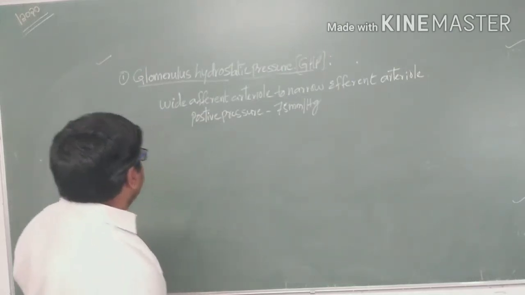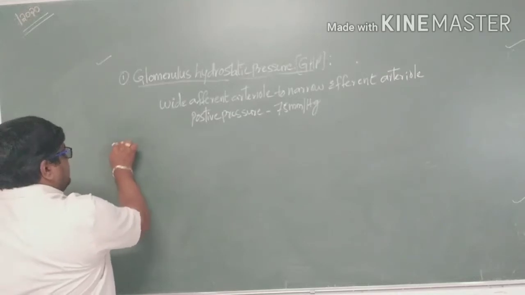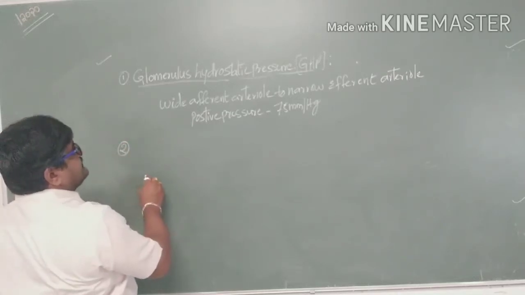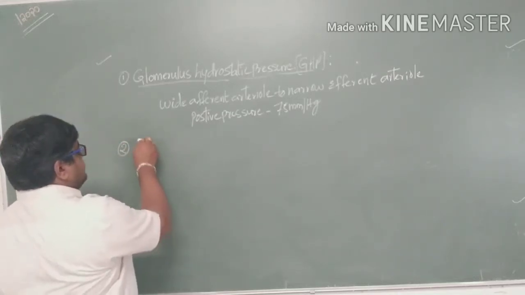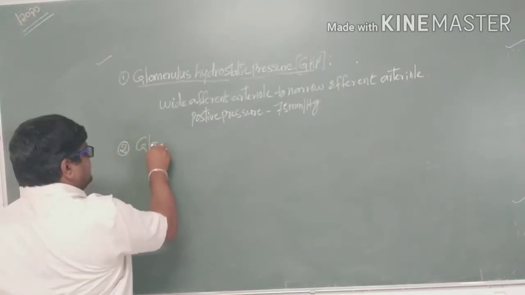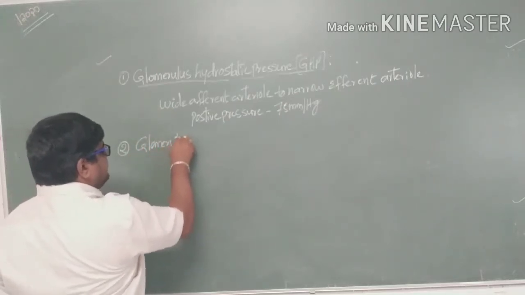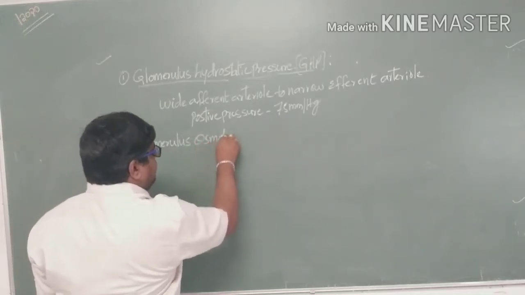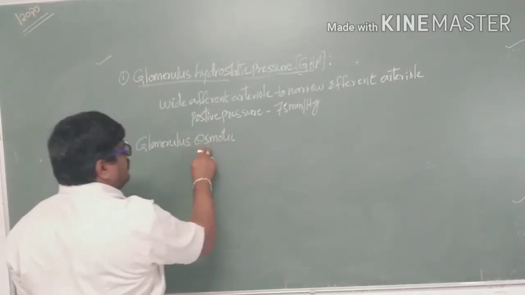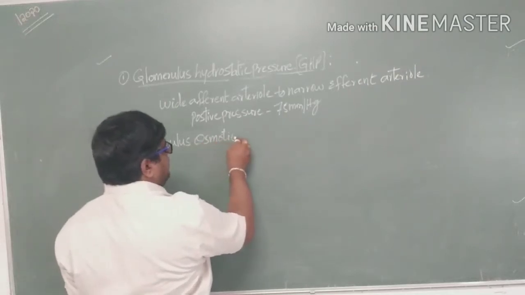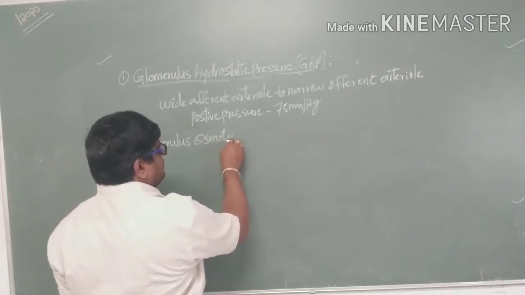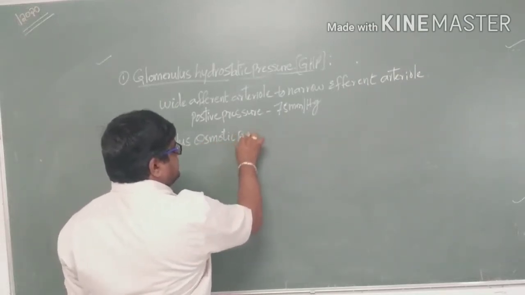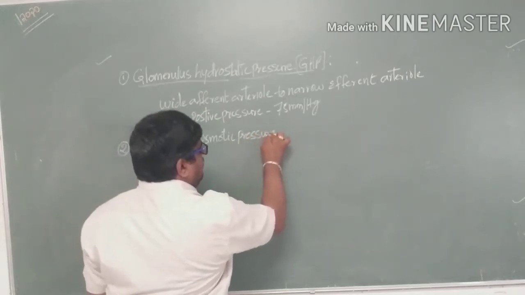Next, the second one: the glomerulus osmotic pressure, or osmosis or osmotic pressure, otherwise called the blood colloidal osmotic pressure.